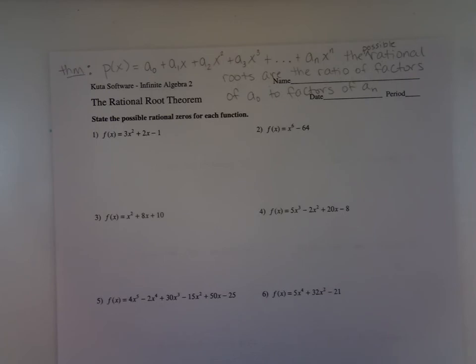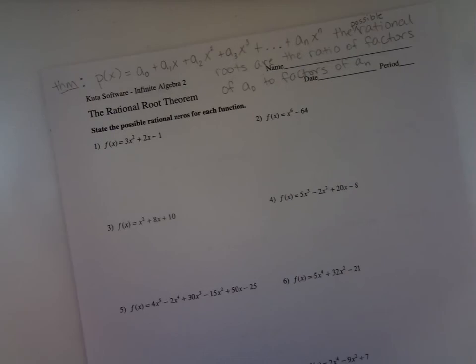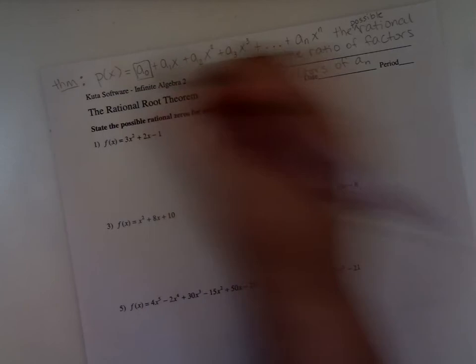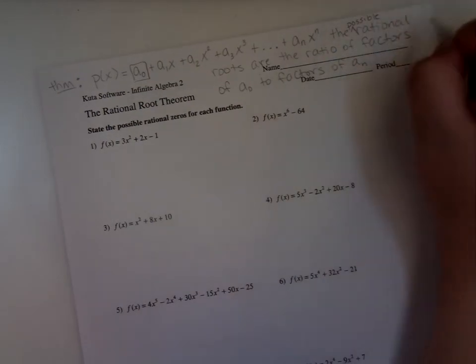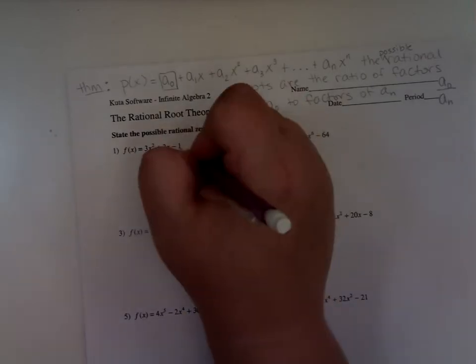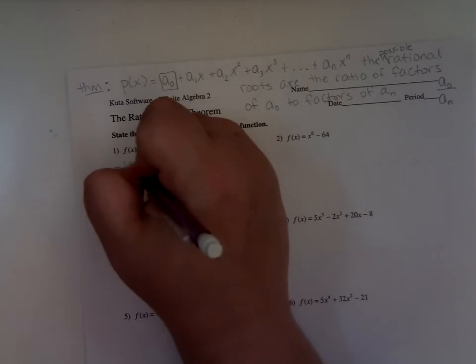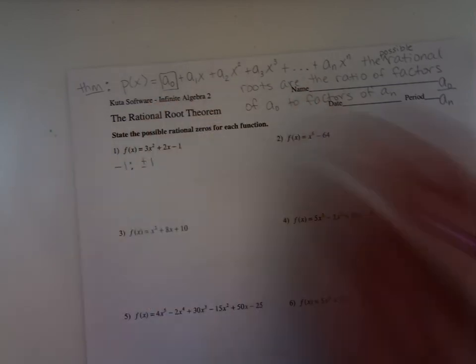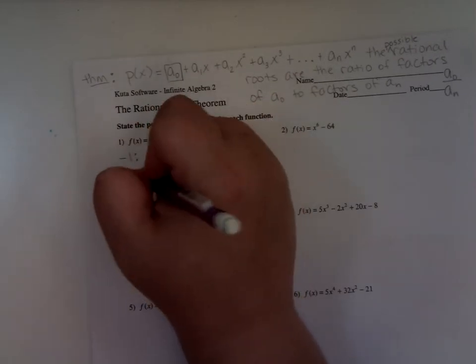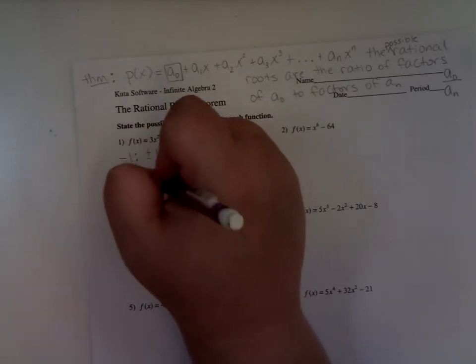So remember, we put our constant term first. So we're looking at a naught over a n. If we look at the factors here, the factors of -1, what are they? They're plus and minus 1. What about the factors of 3? Well, it's plus and minus 1, plus and minus 3.